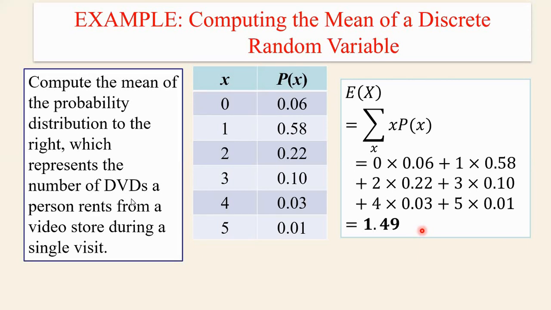First, try to think about this 1.49 as an average. How are we interpreting the mean value for a frequency distribution? In such a manner, think about it.